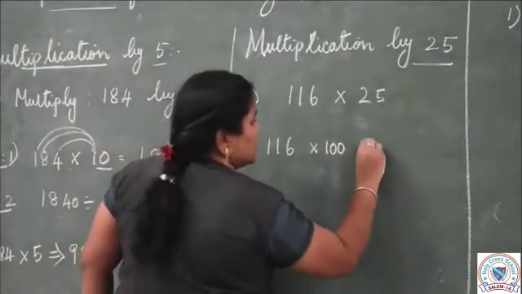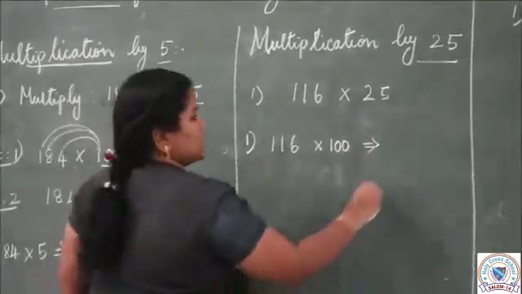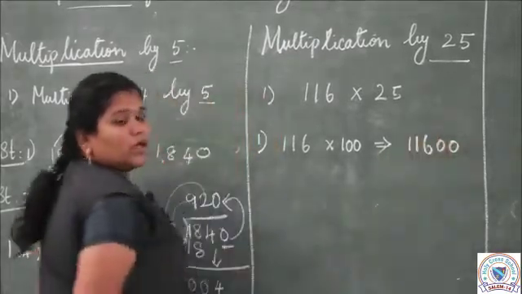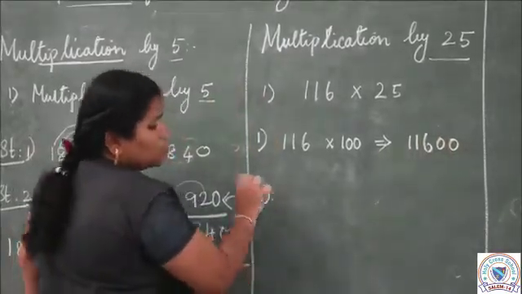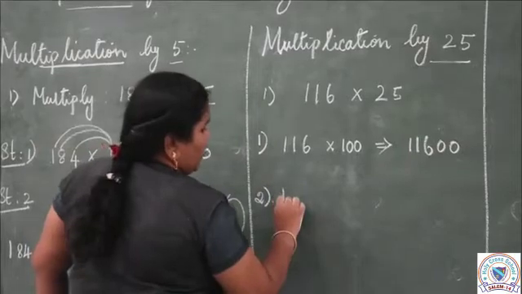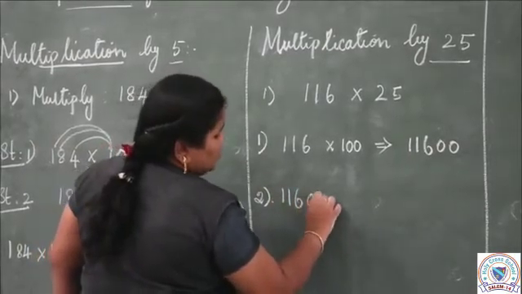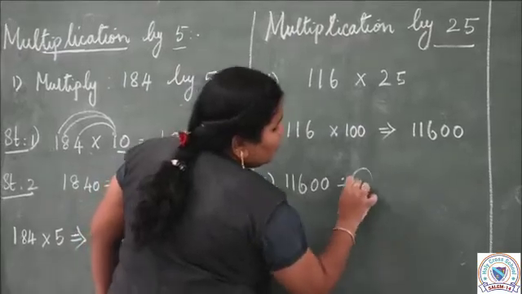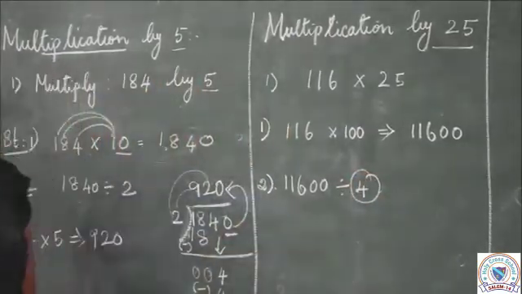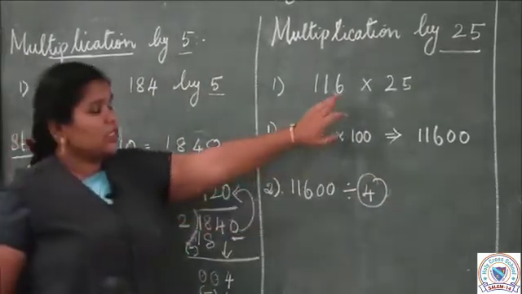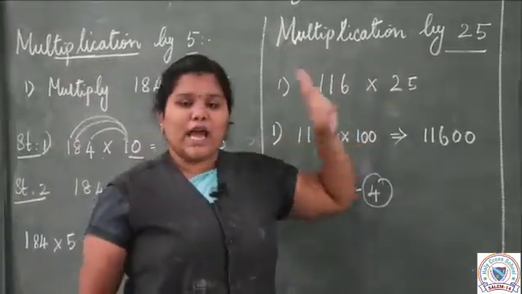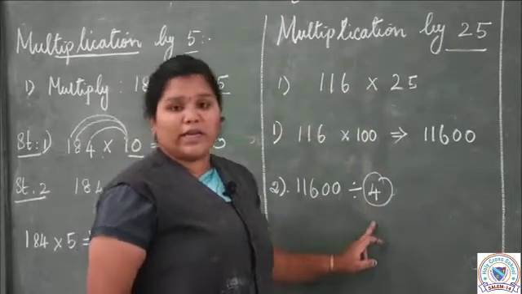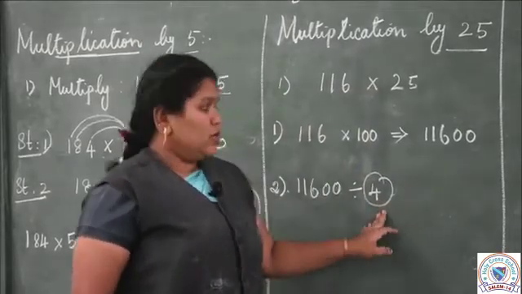If you multiply this, you will get 11600. Then as step 2, 11600 divided by 4. Why are we dividing it by 4? Because in 100 we have four 25s. That's why we are dividing it by 4.